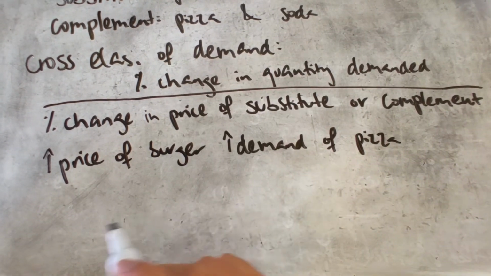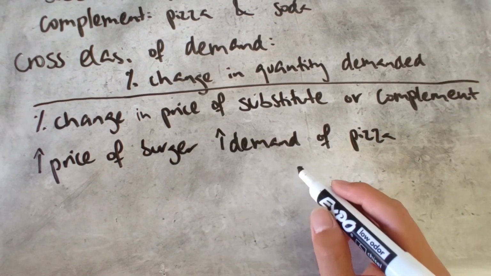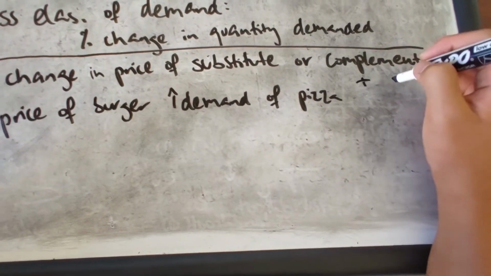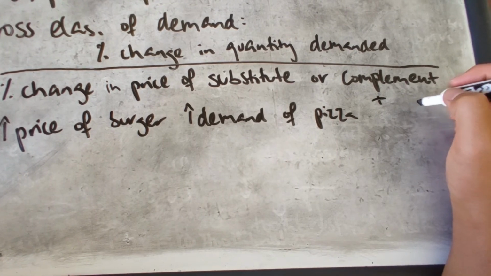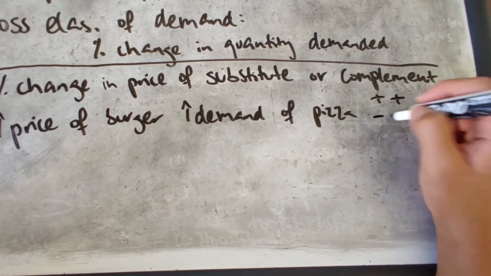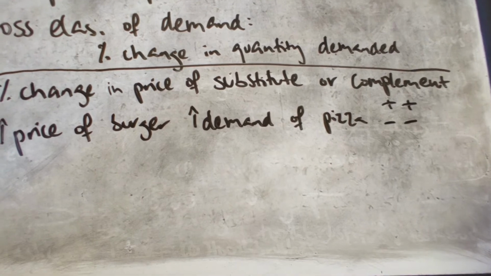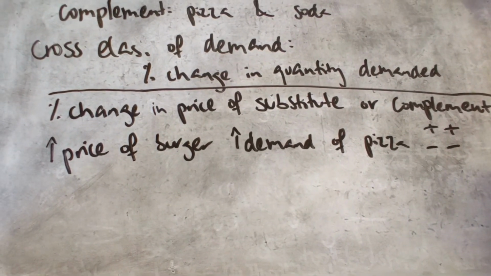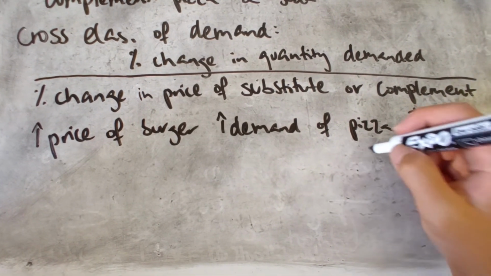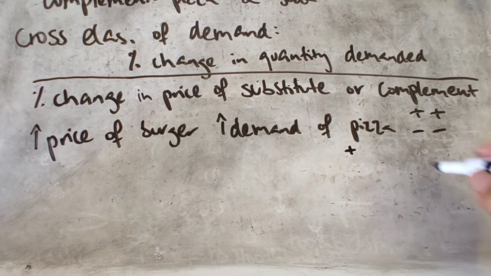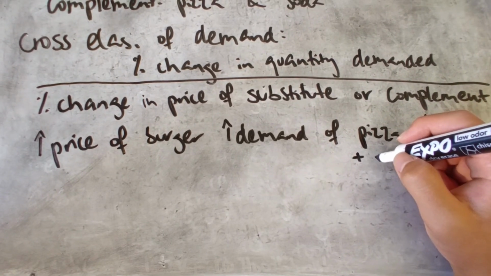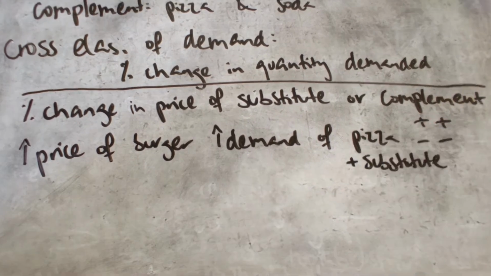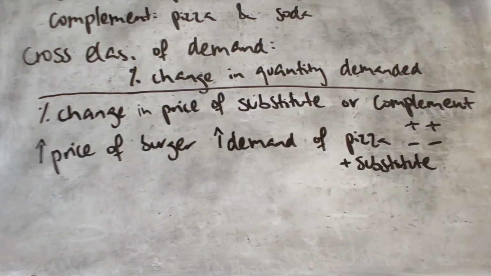In this case, the price of the substitute and the quantity demanded are both going in the same direction. So if there's an increased price change, then there's an increased demand, and vice versa if it's negative. And because a negative over a negative cancels out, if the cross elasticity of demand is a positive value, then the two objects in comparison are substitutes. This is when plus or minus signs matter in demand.